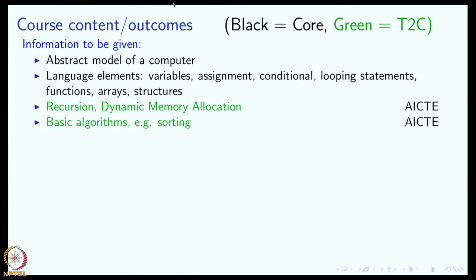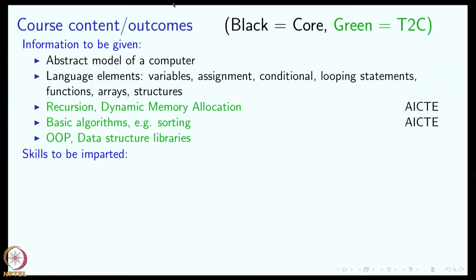Basic algorithms like sorting, AICTE also thinks of as core, but I would think of it as tier 2 core, so less important. Object-oriented programming and data structure libraries are certainly not that important. Object-oriented programming is certainly useful, there are useful ideas in it, but they are not central. You can learn a lot of programming, you can accomplish a lot in programming even without knowing object-oriented programming.